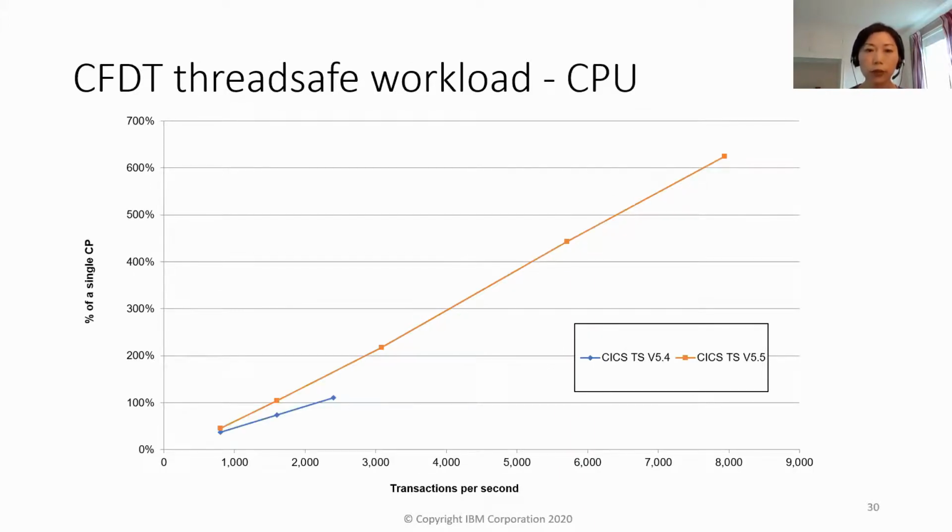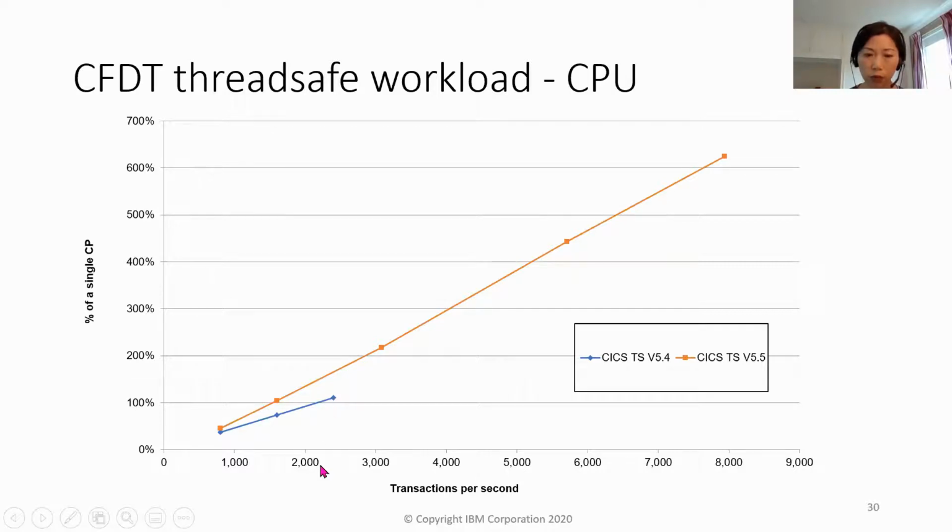So here we are showing you a CFDT thread-safe workload and what the CPU usage is like. For the 5.4, as you can see, the percentage of CPU per single CP is slightly less.